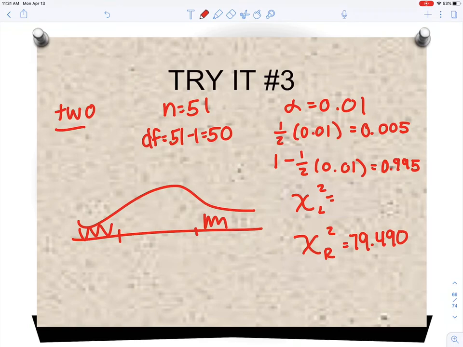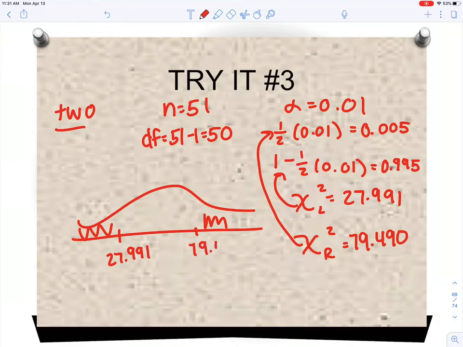And now I'm going to look at 1 minus 1/2, which would be 0.995, and 50, which is 27.991. So again, this one is going with this one, this one's going with this one. It's also just greatest to least. The left is going to be the smaller one, and the right is going to be the bigger one. But they're also swapped, so the left has the 1 minus, and the right is just 1/2.